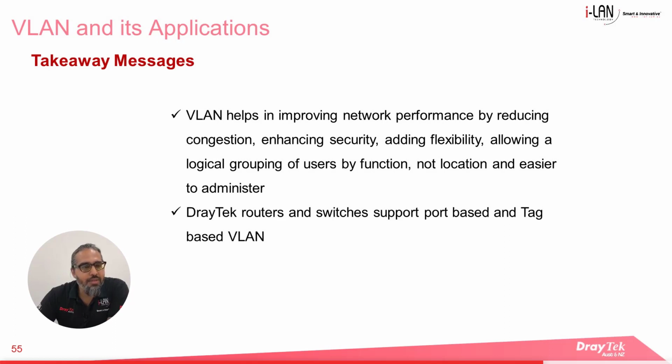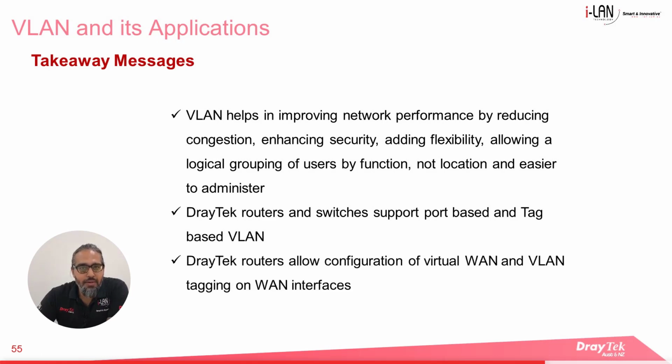DRATEC routers and switches support port-based and tag-based VLAN. DRATEC routers support VLAN tagging on WAN interfaces as well, which is something that's often required by the NBN ISPs in both Australia and New Zealand.